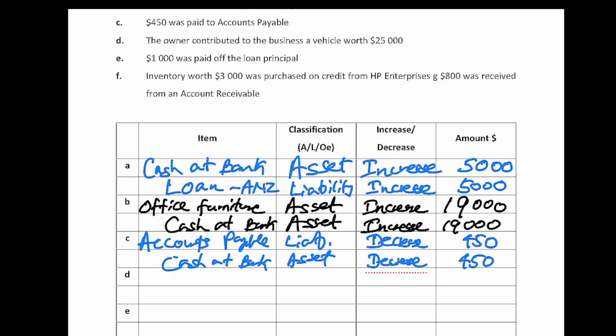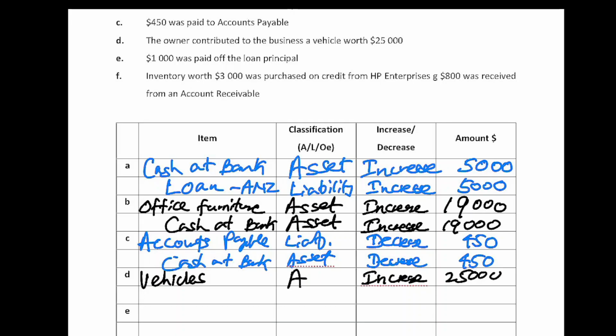Sorry, the owner's. For whom are we doing these accounts? For the business, is it for the owner? No. Vehicles will increase. Okay. Vehicles, asset, increase, 25,000.